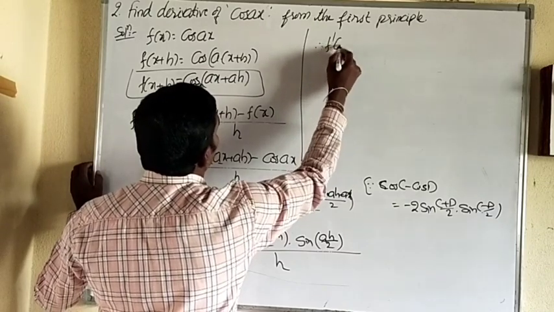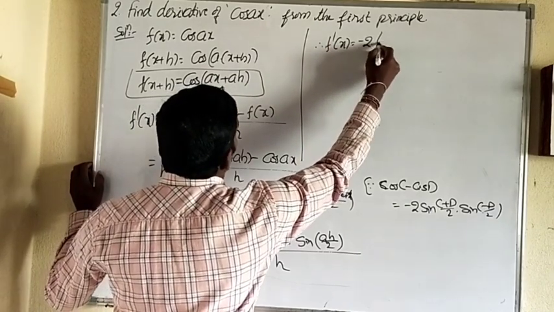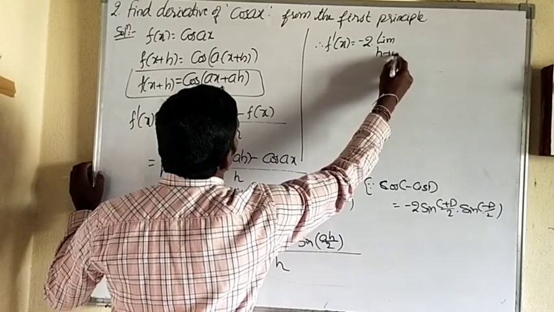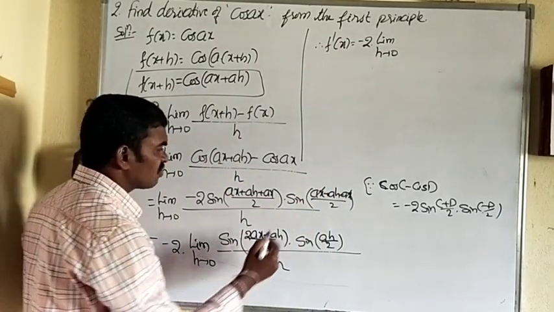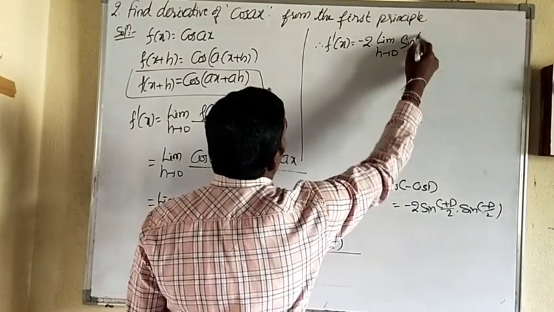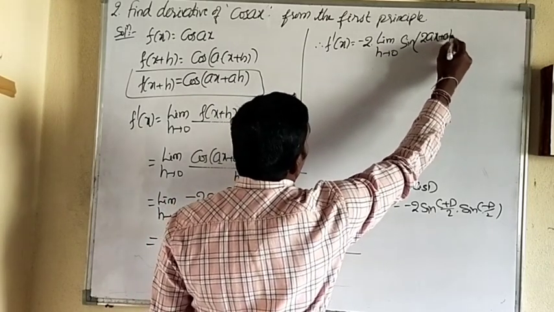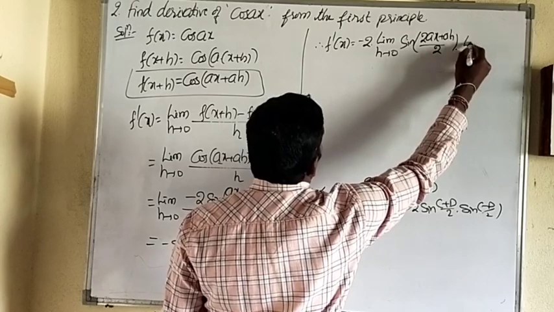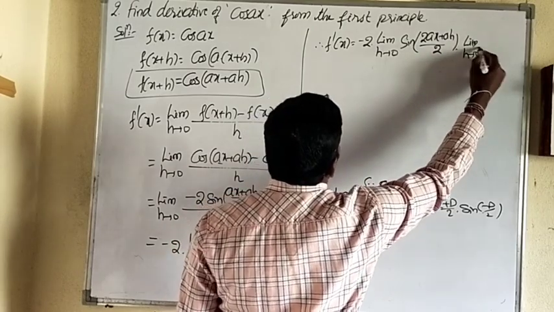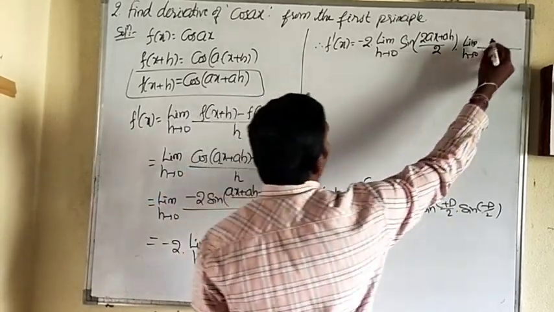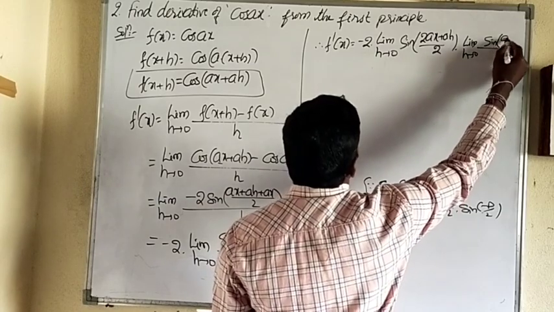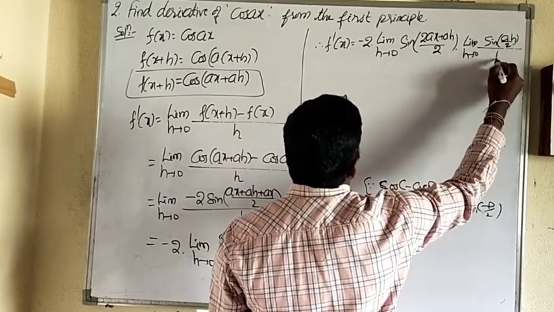Therefore, f dash of x is equal to minus 2 into limit h tends to 0. What is the first function? Sine of 2ax plus ah by 2, into limit h tends to 0 sine ah by 2 by h.